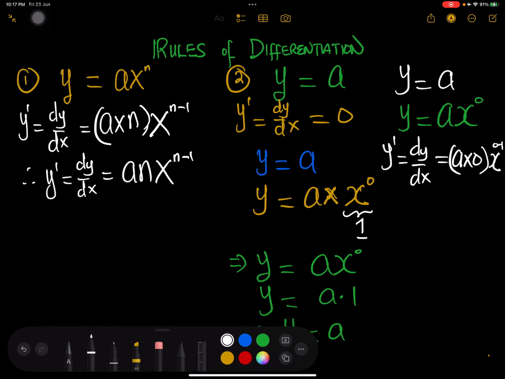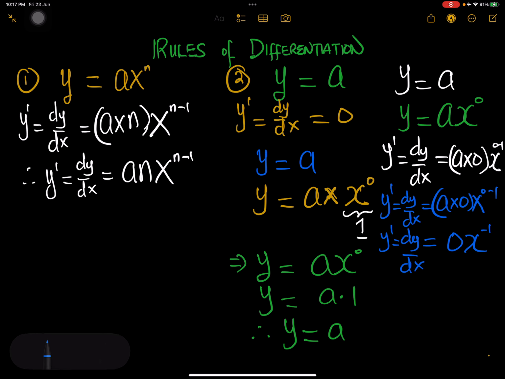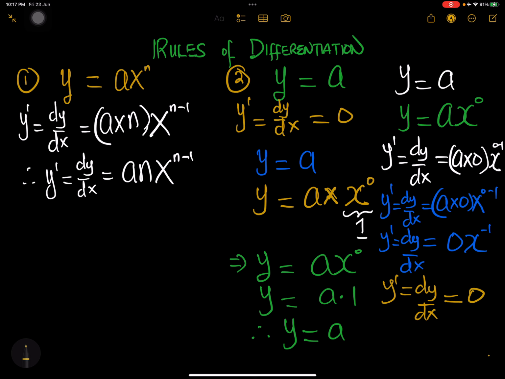I'm writing it again, y prime, which is dy dx, is a multiplied by 0, x to the power of 0 minus 1. And that's going to give us 0 multiplied by x to the power of negative 1. Now remember that when we multiply 0 by anything, it's actually 0. So we have y prime, which is equal to dy dx, is going to give us 0. So that's why when we differentiate a constant, we get 0.